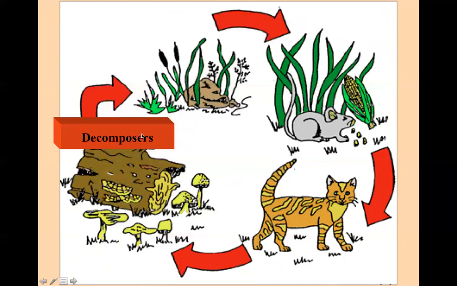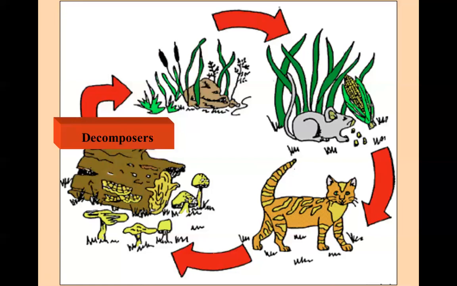If we take a look at the nutrient cycle, you've got the producers, the plants, then primary consumers and secondary consumers, but when all of them die, the decomposers will process and feed on the remains of other organisms, and they will recycle the nutrients back into the environment, into the soil for the producers, for the plants.